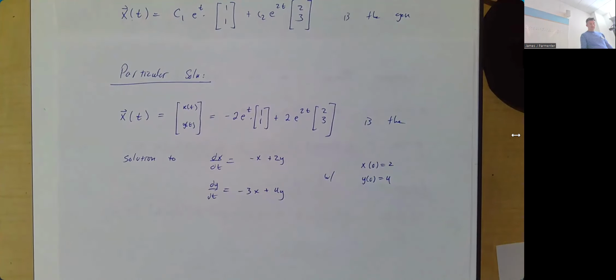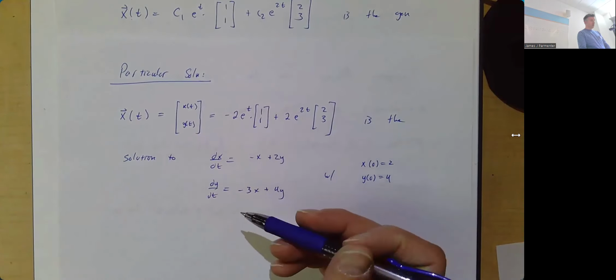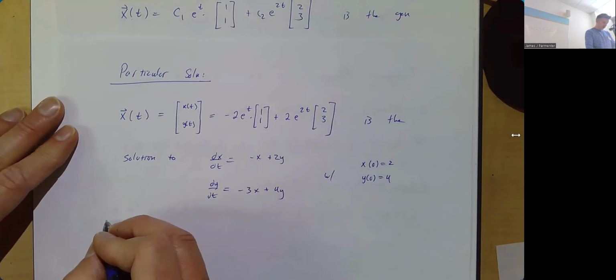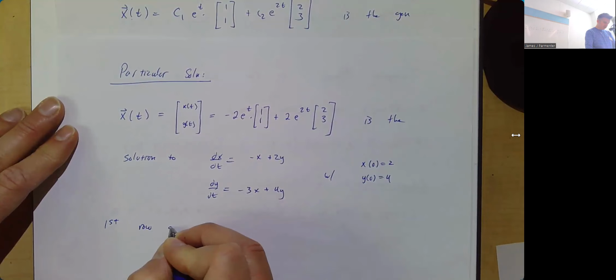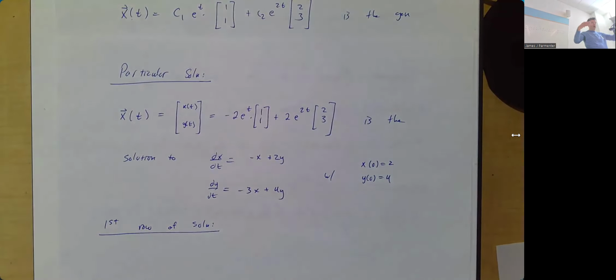Now, something interesting here. You can show this as a solution. Like, you can actually go back and be like, well, James, I know you're saying this thing is a solution, but is it really the solution? Well, yeah, because here's what we're actually saying. In the first row of our solution, and it's good to be able to look at these things row by row. So the first row is just the top part.